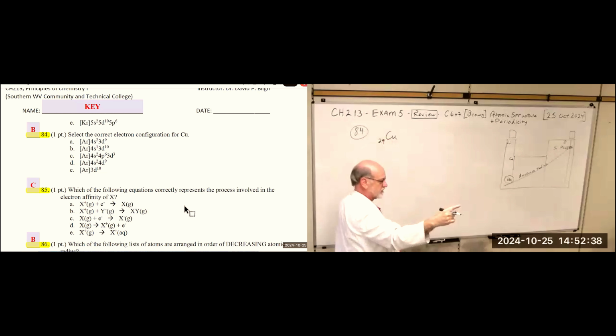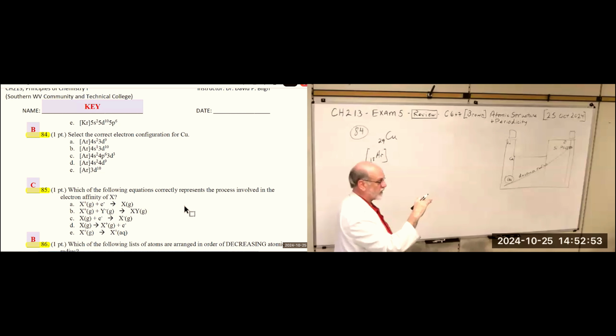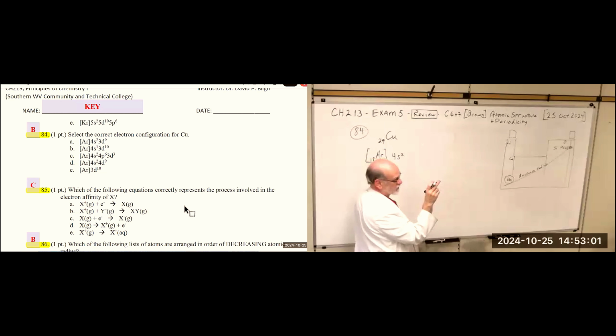So if we back up, just go back up 28, 27, 26, 19. Argon is the next available core. So then we go from argon and we say, all right, we're down to the fourth period. 4s2 takes us to calcium. Right. And then copper is 1, 2, 3, 4, 5, 6, 7, 8, 9.